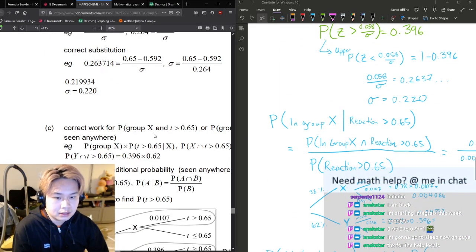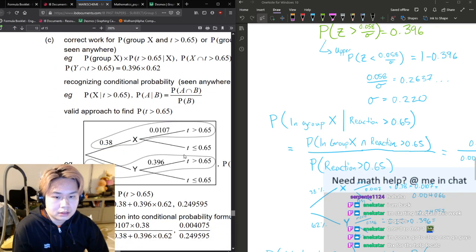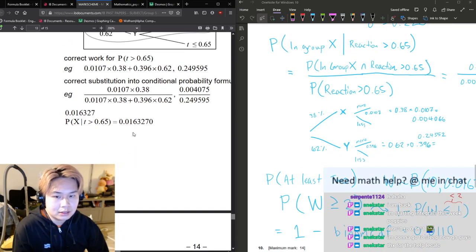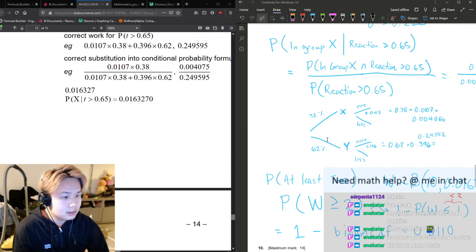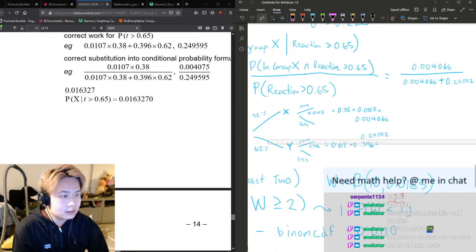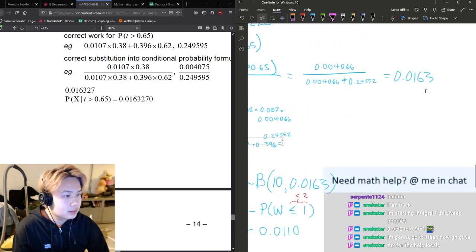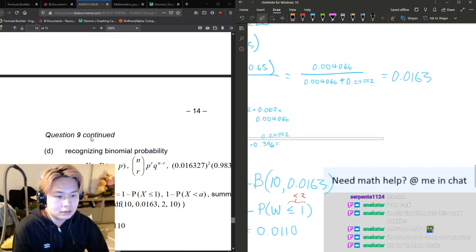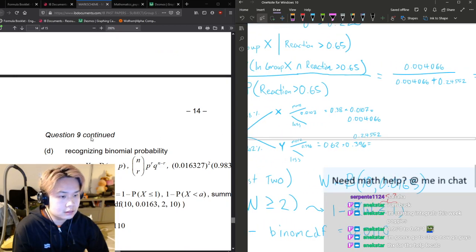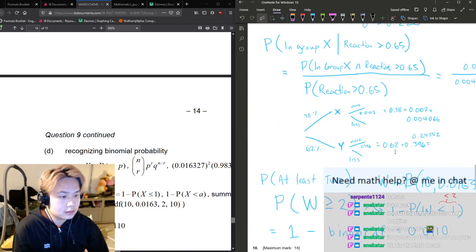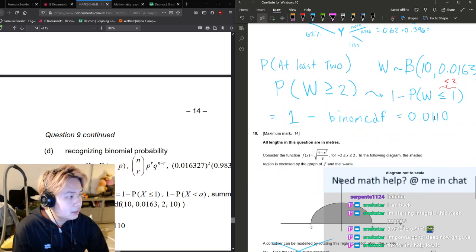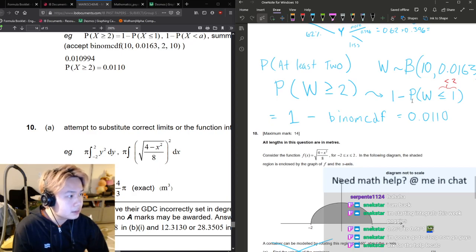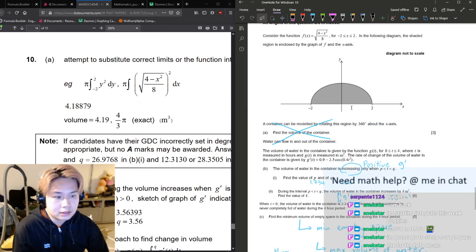That's good. Oh look, they even do the tree, same as me. Okay, 163, 163, so that's good. Uh, 110, 110. Nice.